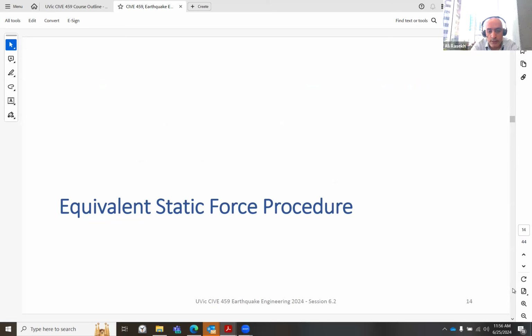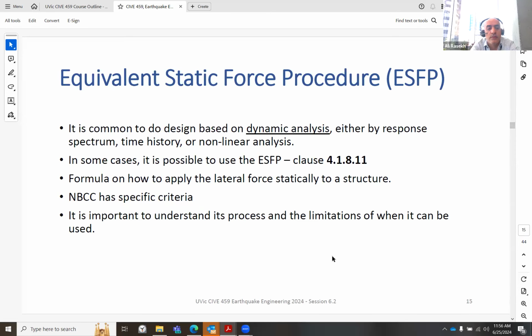Now the equivalent static force procedure. It is common to do design based on dynamic analysis, either by response spectrum, time history, or nonlinear analysis. That's some engineering judgment that probably we need at least response spectrum.